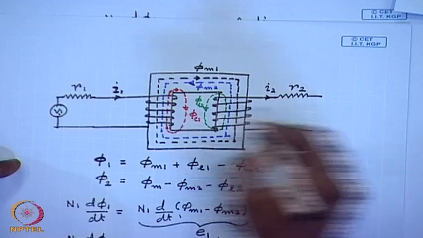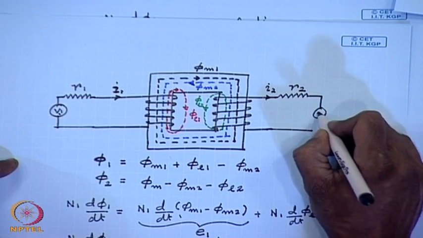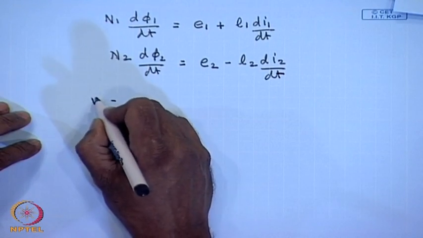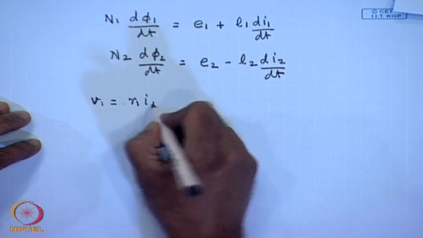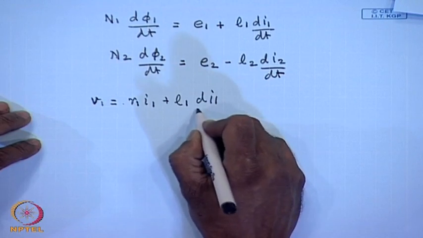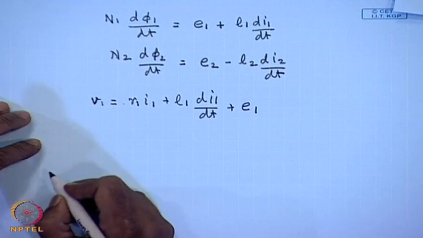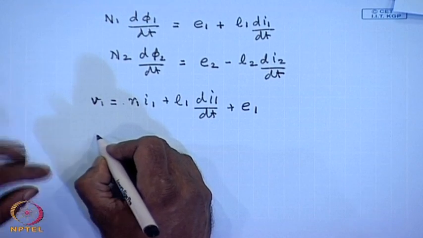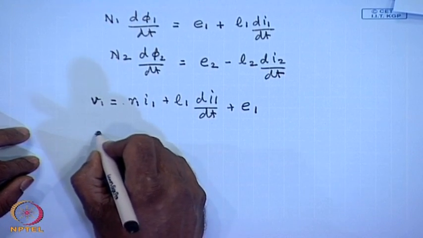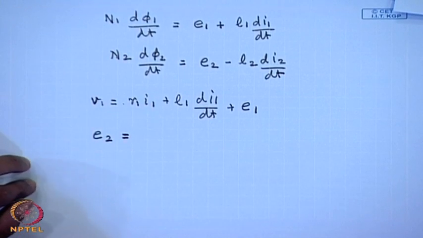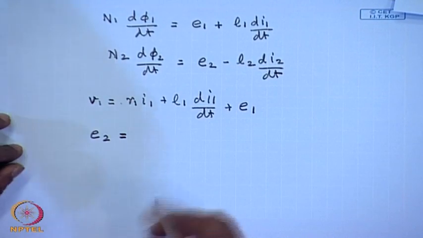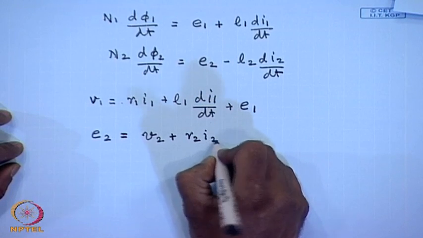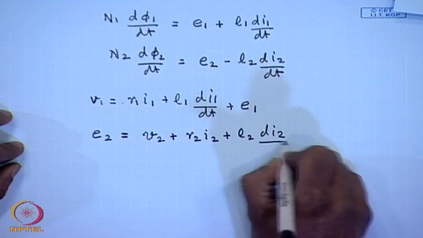Calling the applied voltage V1 and the terminal voltage V2, then we can finally write V1 equal to R1 I1 plus L1 dI1 dt plus E1, whereas E2 equal to V2 plus R2 I2 plus L2 dI2 dt.